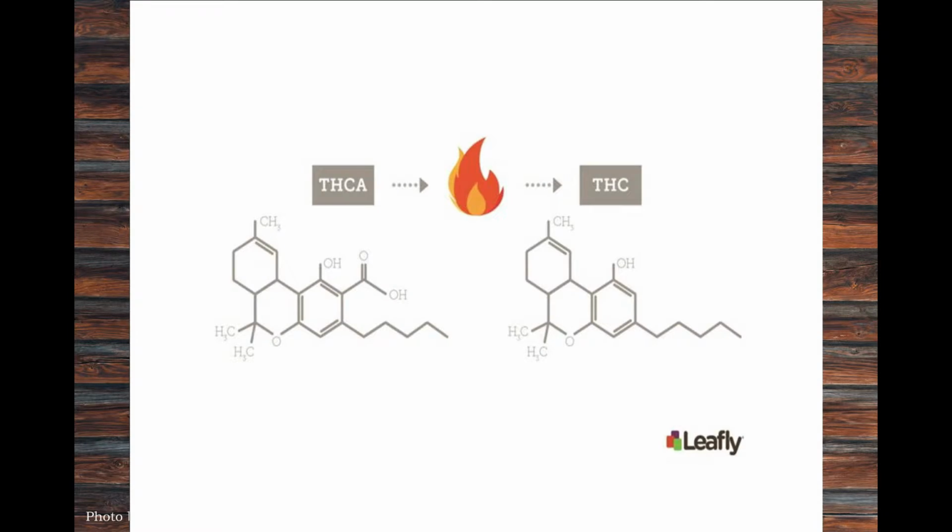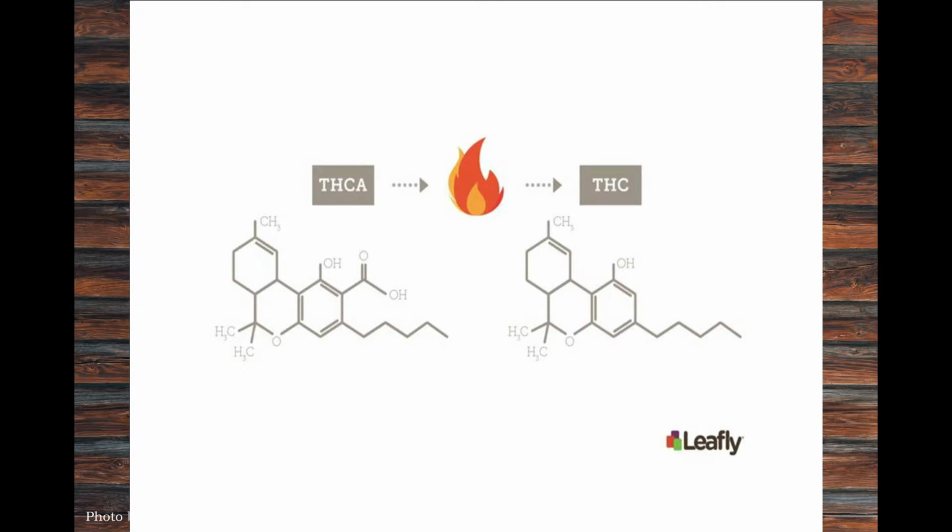The cannabinoid acids, when exposed to heat temperatures above 240 degrees, but less than 250, change THCA to THC and CBDA into CBD. It basically melts away the acid part and changes it to neutral. But it takes time.